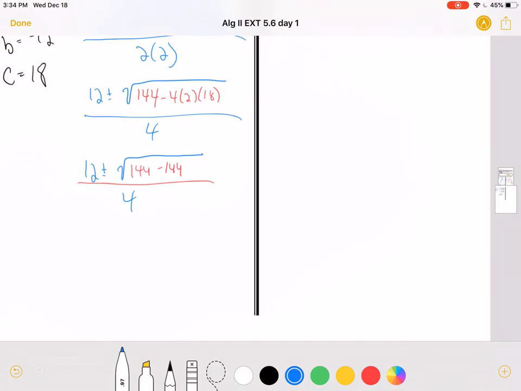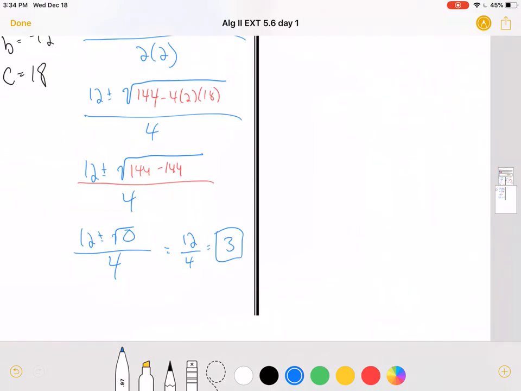Well, that actually works out really nice. So we get 12 plus or minus the square root of 0 over 4. Well, what's the square root of 0? Just 0. So what's 12 plus or minus 0? It's just 12. Then 12 divided by 4? 3. Look at that. We got a nice answer for once.